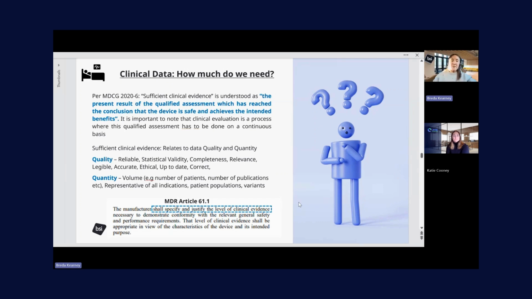So first of all, just to touch on this slide, sufficient clinical evidence, it's one of those phrases that they put into the MDR and they didn't define it. But if we go to MDCG 2020-6, it's tried to help us out by providing a definition for what it is. And it basically says it's the result of the qualified assessment which has reached the conclusion that the device is safe and achieves the intended benefits.